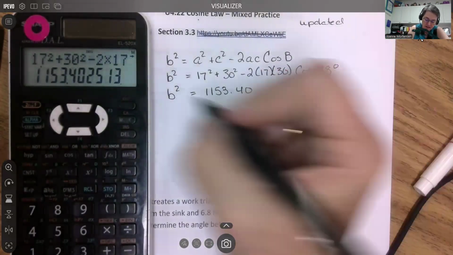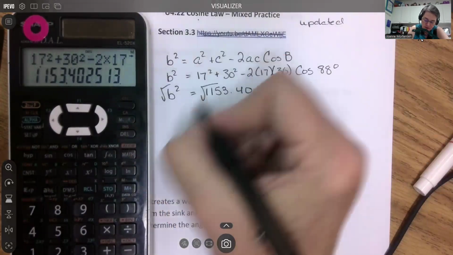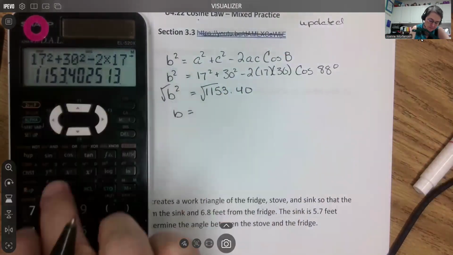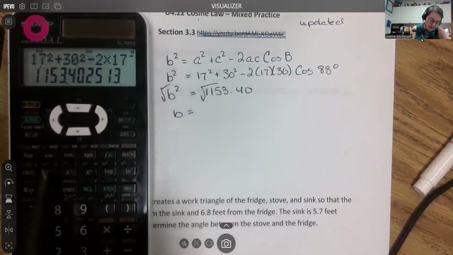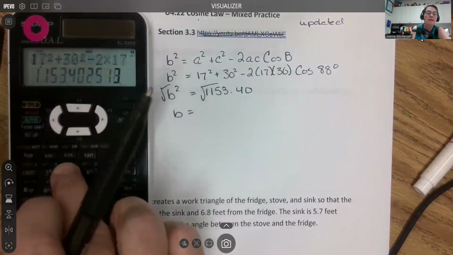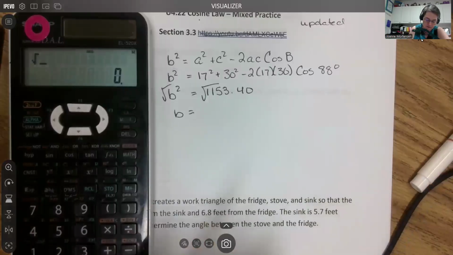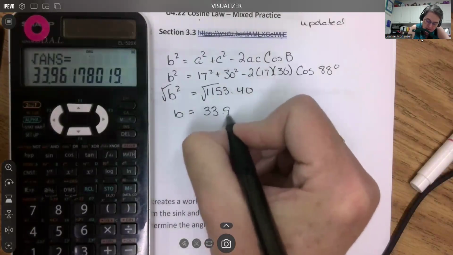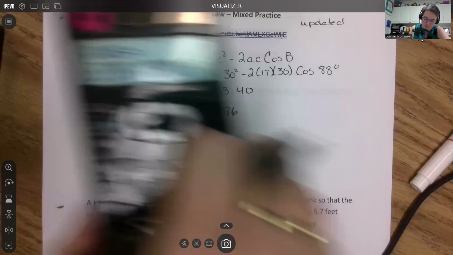So b squared is 153.40. And then we need to square root, and on mine, I need to go second and this one, and equals 33.96. Now let's see if that makes any sense.